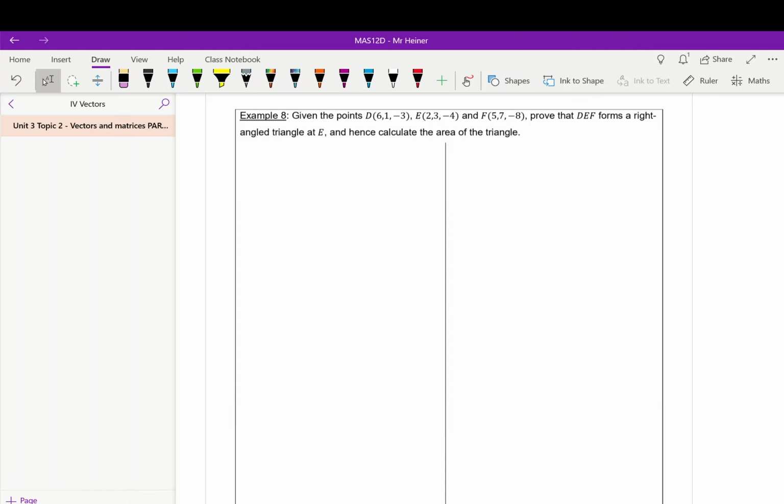So let's convert these points into vectors. D is going to be the same as, let's call it, OD. So OD is the vector 6i plus 1j, or just j, minus 3k.